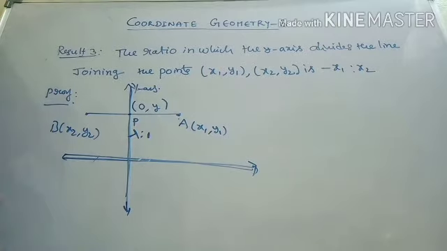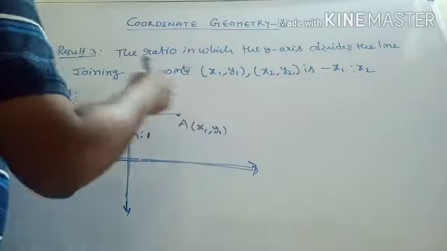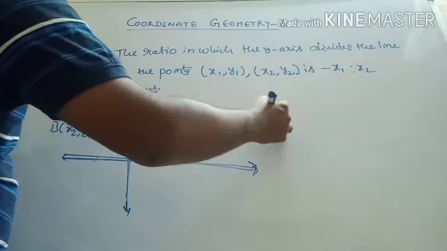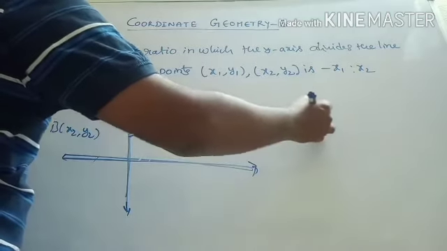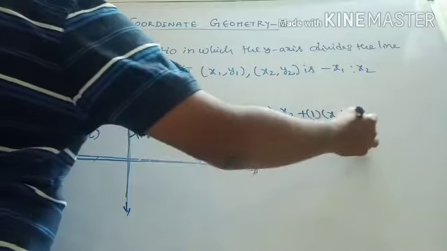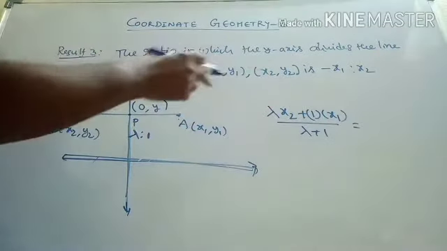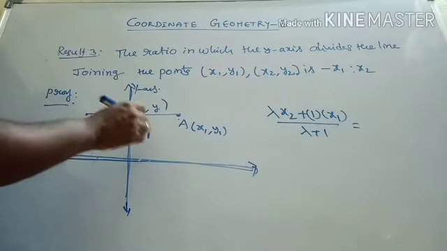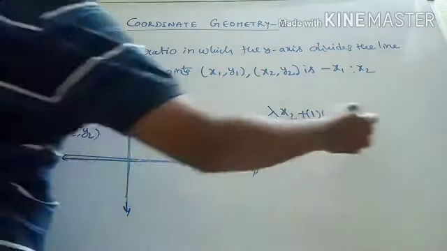In the same way as before, let us take the x coordinate, which is (lambda x2 + 1 into x1) by (lambda + 1), something like (m x2 + n x1) by (m + n). Here m is lambda and n is 1, and we equate that to 0.